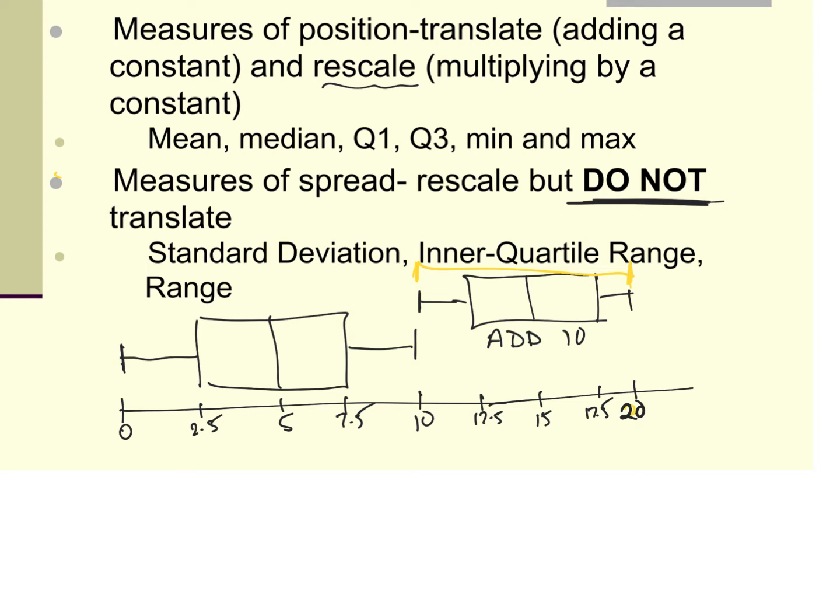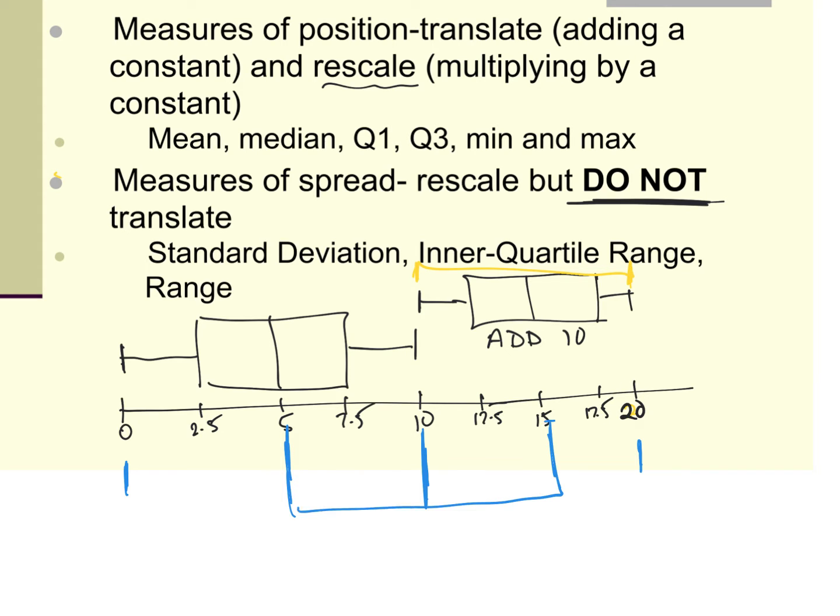But if I were to multiply all of the values by 2, now my minimum is still 0, but my maximum is 20. My median is 10, and my Q1 is 5.